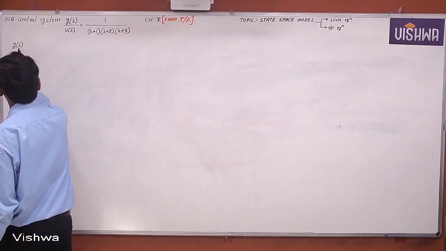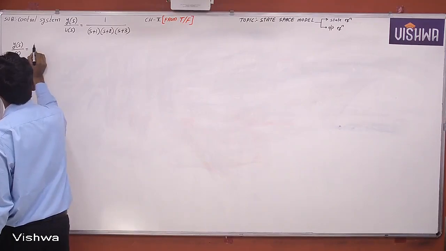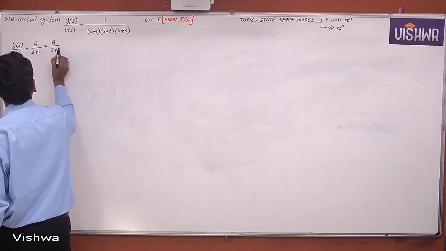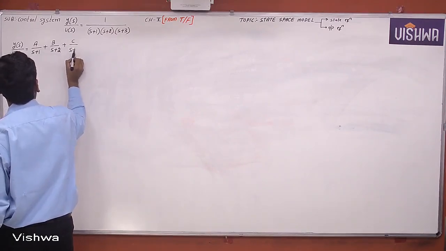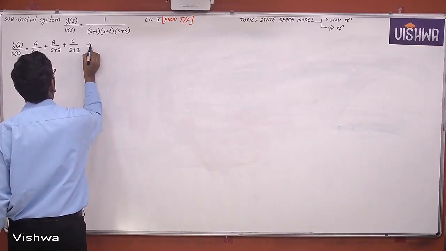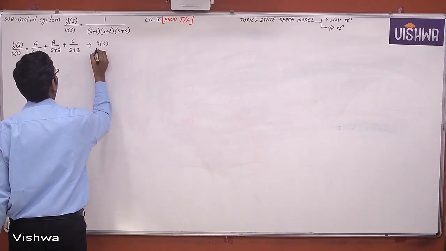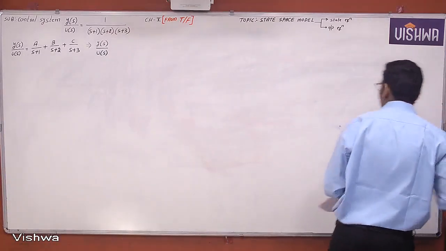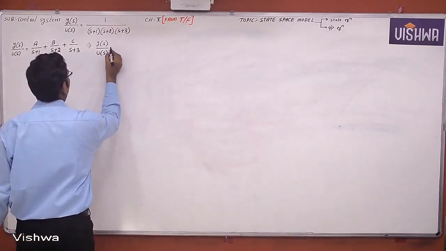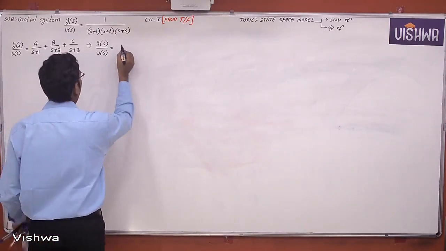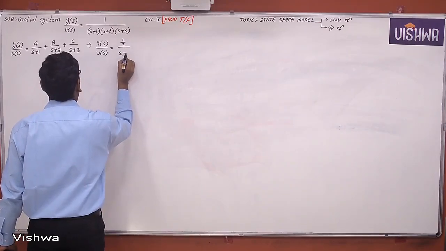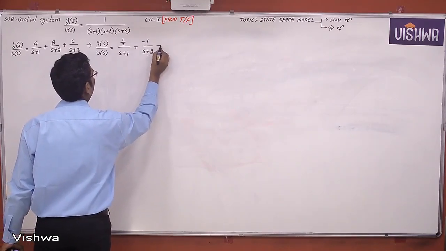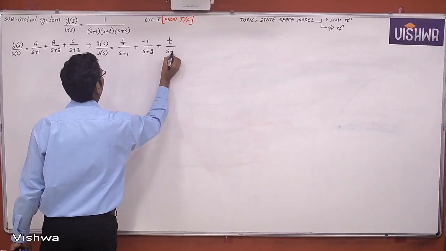So Y(s)/U(s) is equal to A by (s+1) plus B by (s+2) plus C by (s+3). If you do that, A is 1/2 by (s+1), B is minus 1 by (s+2), and C is 1/2 by (s+3).